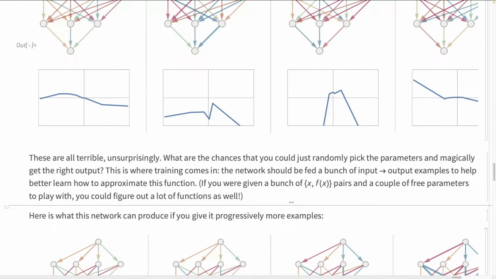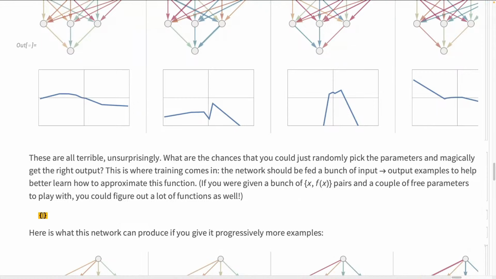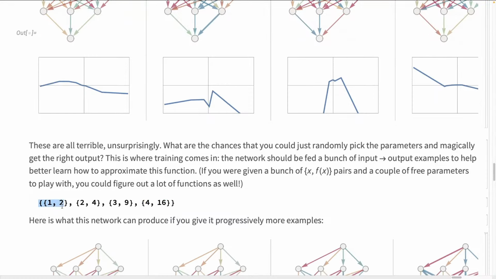So for example, maybe I point at you and I say, I want you to figure out this function. What function is generating these numbers? We've got 1, 2. We've got 2, 4. We've got 3, 9. We've got 4, 16, and so on. If I gave you enough examples, humans are pretty good at pattern recognition.